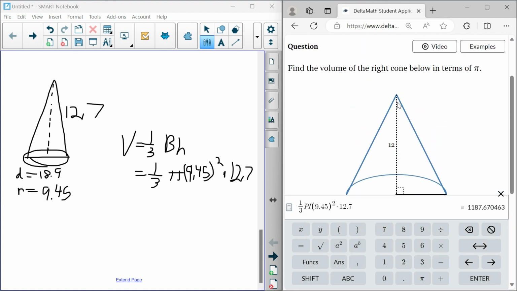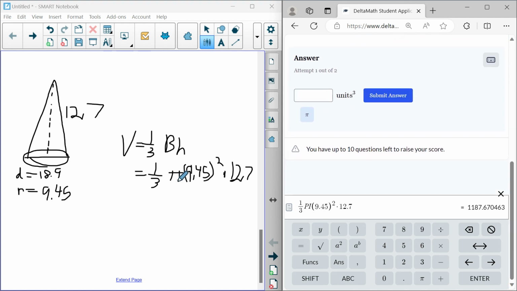If you're doing it for this one, you're being asked to leave your answer in terms of pi. As a reminder, leaving your answer in terms of pi just means doing all of this math, but without using the pi button. So we do 9.45 squared. Doing all this math, but just getting rid of pi. So I just get rid of pi here really briefly.